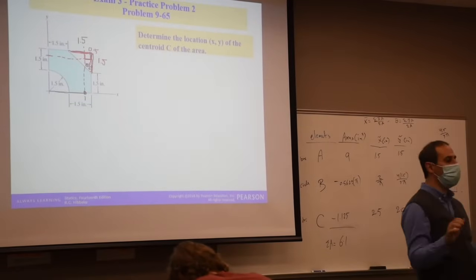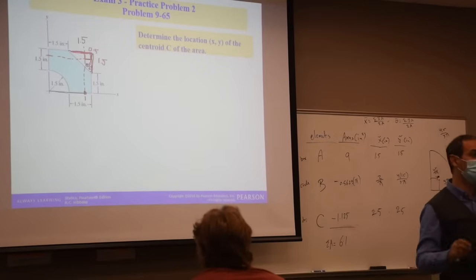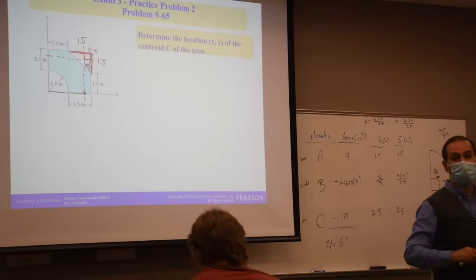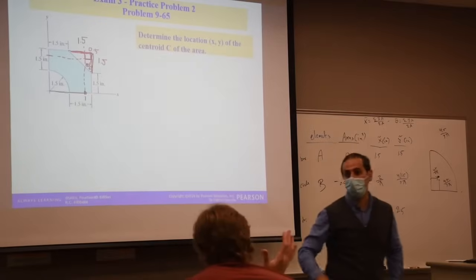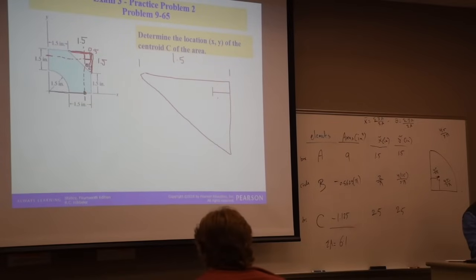It's very important that you identify the centroid on your element, but measure the numbers from the reference point, from your origin. This is my triangle, correct? This distance from here to here is 1.5. If I want to move 1/3, that's 0.5. Now, we need to measure this from the origin.